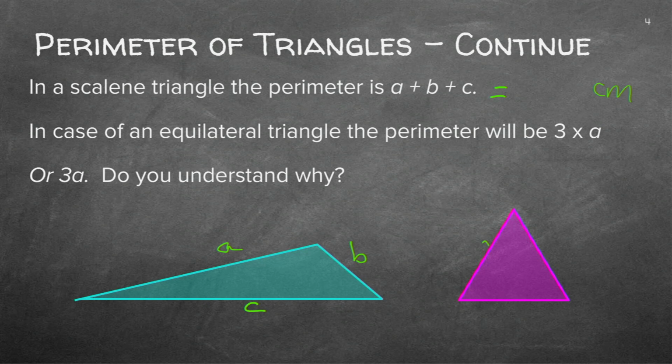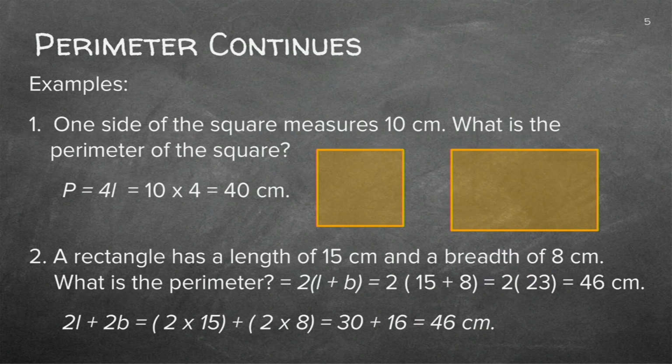Exactly, because in an equilateral triangle, all 3 sides are the same. So if we've got the length of this, we just multiply it by 3 to get the answer, say for example, in centimeters.